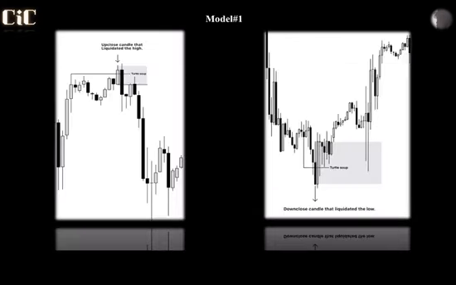Now what's happening in model number 1, it's not just a pattern. It's the market makers pushing price, enticing new orders and new liquidity into the market, right? Because that's how they generate interest in the markets, by pushing price higher or lower, enticing dumb money to get excited and participate in a trade in the false direction, right?